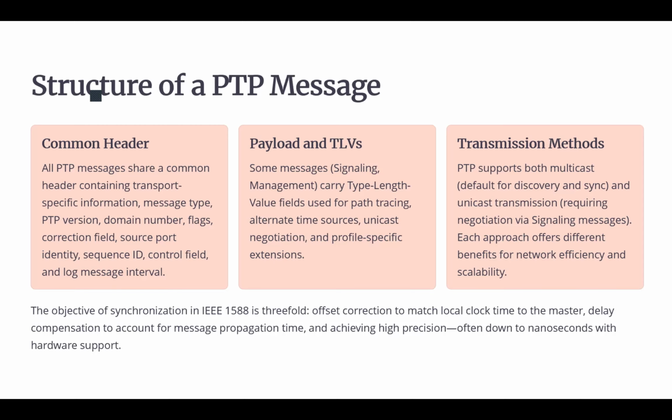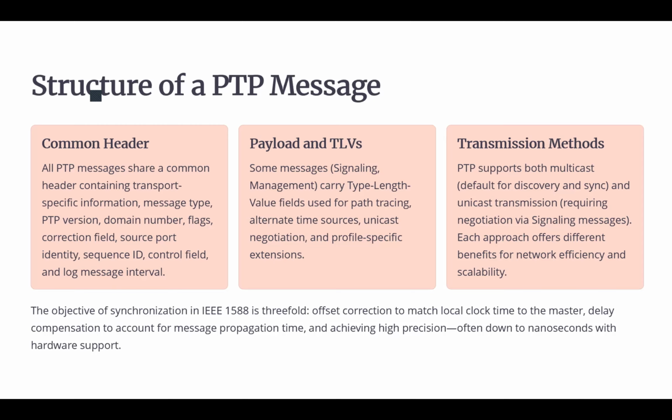Okay. We have the source port identity in the header. We have the sequence ID in the header, and we have the log message interval also. All this information is inside the header part of the message.